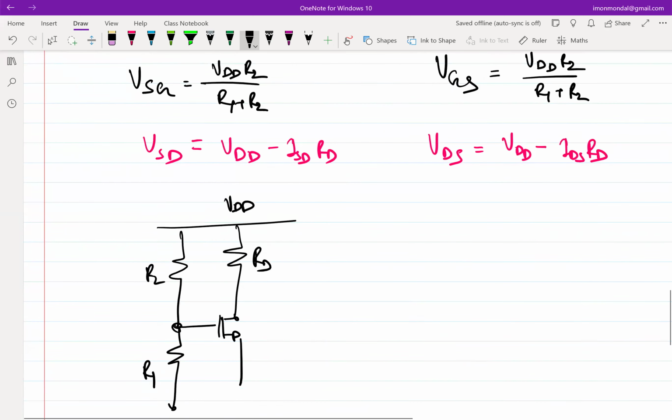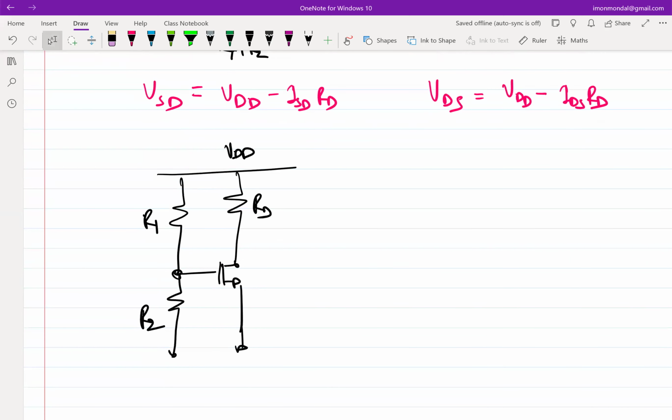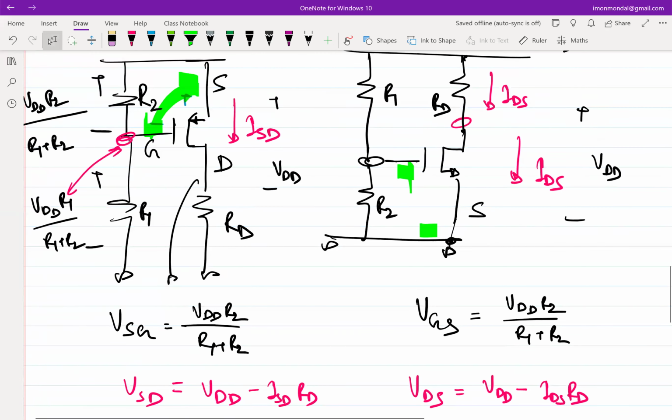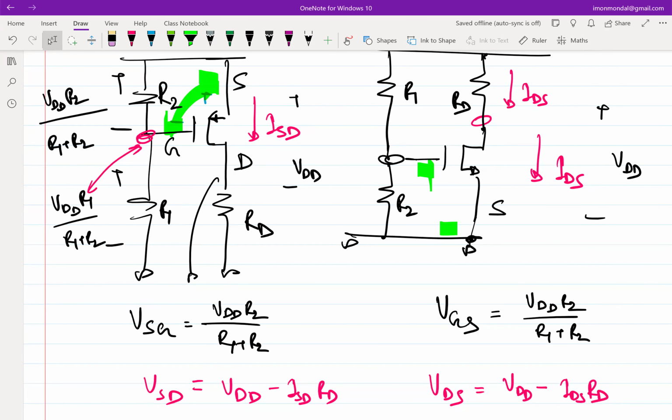In case of a PMOS, we were applying an input by coupling it through a capacitor to the gate.